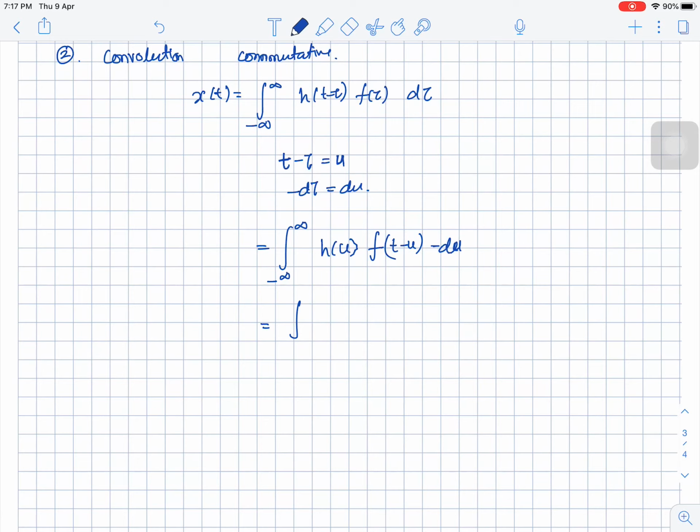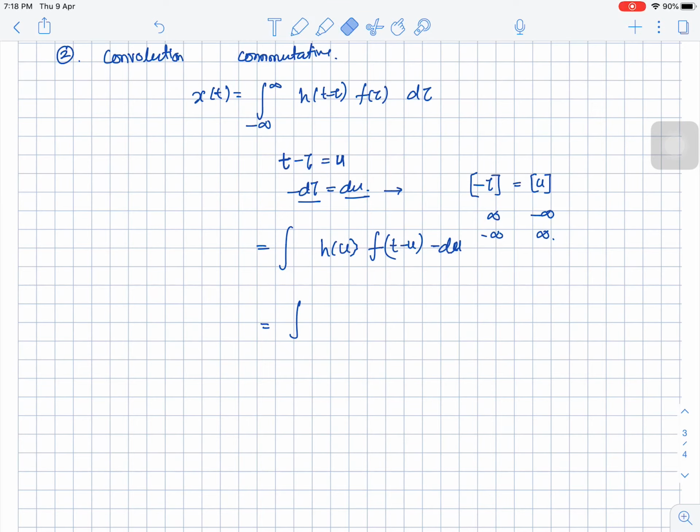So we need to change the limits also. When tau goes to infinity, u goes to minus infinity, and when it goes to minus infinity, we get plus infinity.